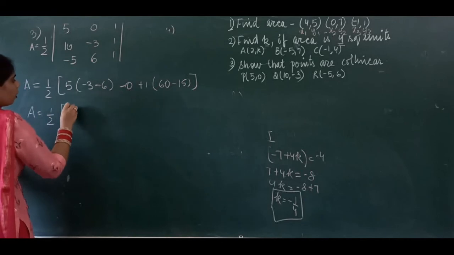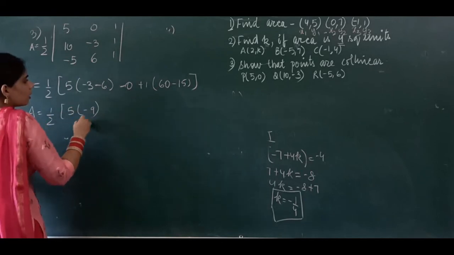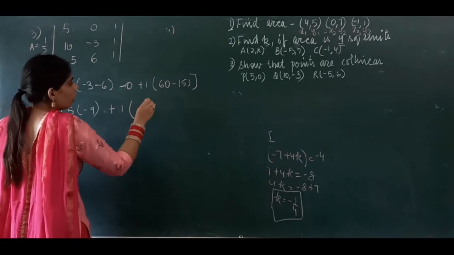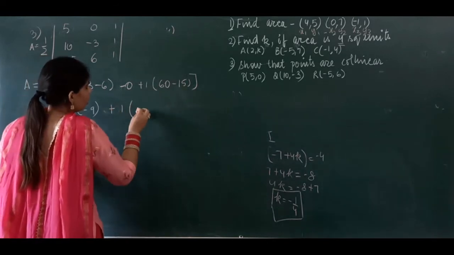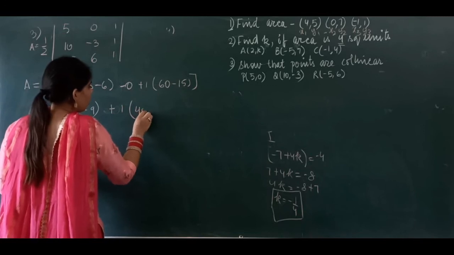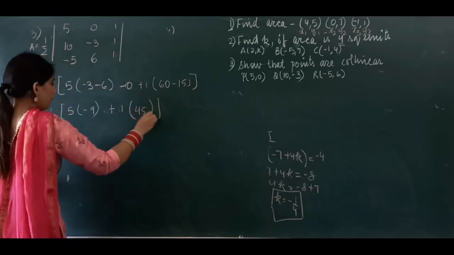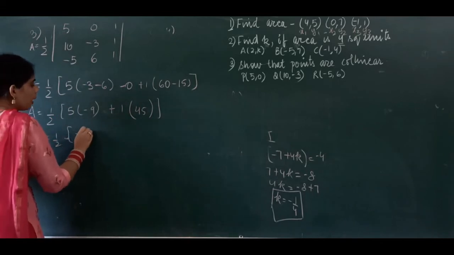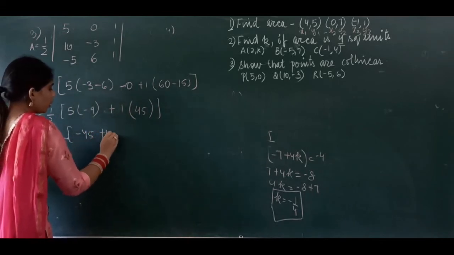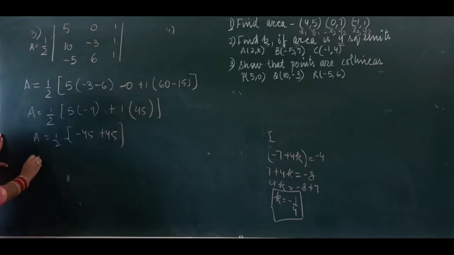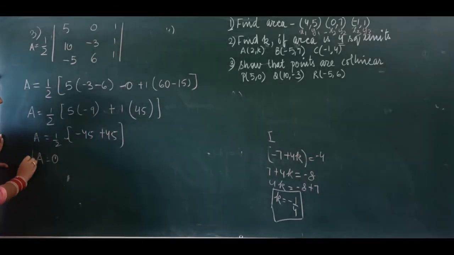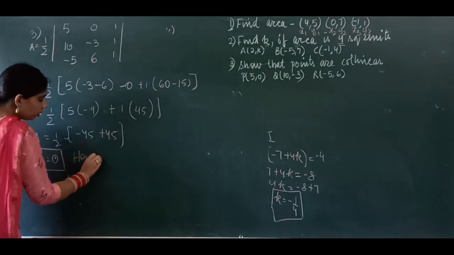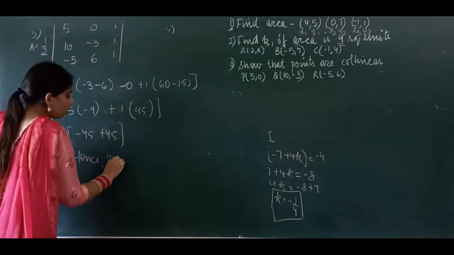So half into 5 into minus 9, minus 0, plus 1 times (60 minus 15), which will be 45. Minus 45 plus 45, so the area comes out to be 0, hence the points are collinear.